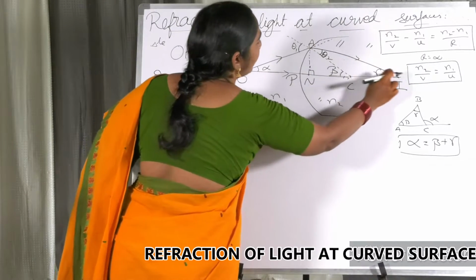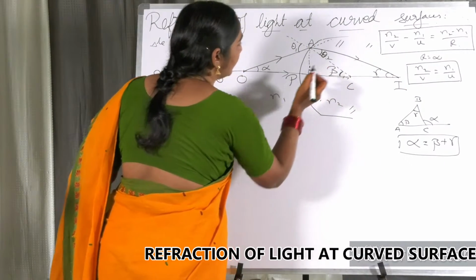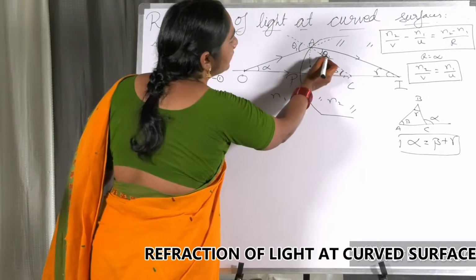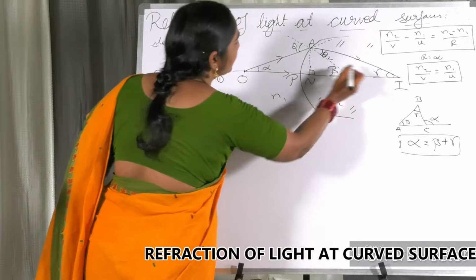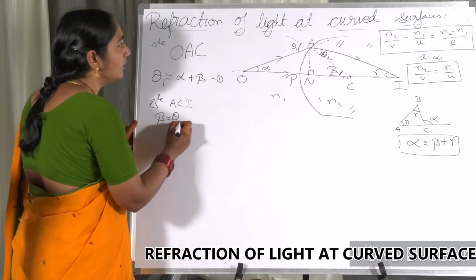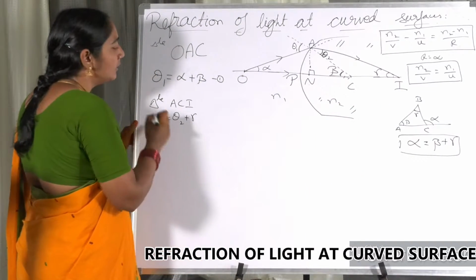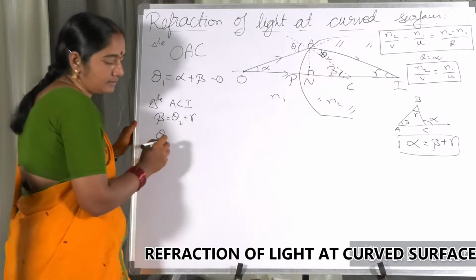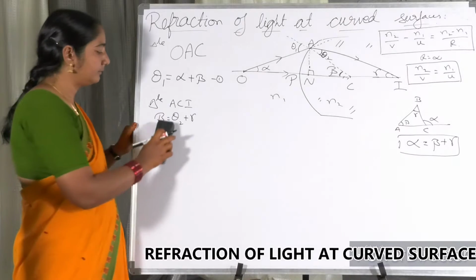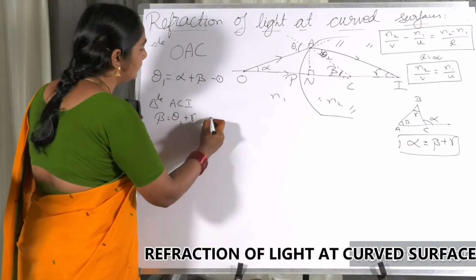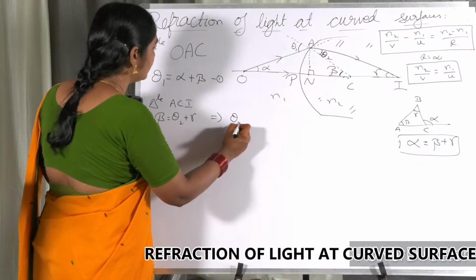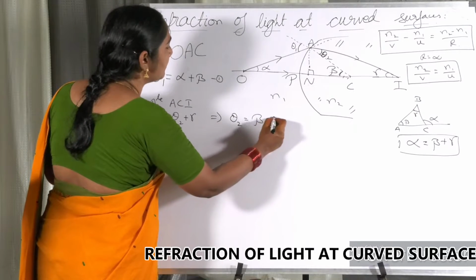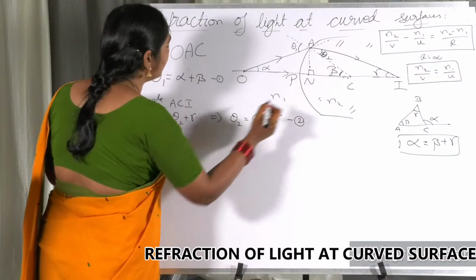In this particular triangle, beta is an exterior angle, which is equal to the sum of the interior opposite angles, that is theta 2 plus gamma. This implies theta 2 is equal to, you have to bring this gamma this side, beta minus gamma. This is equation number 2.